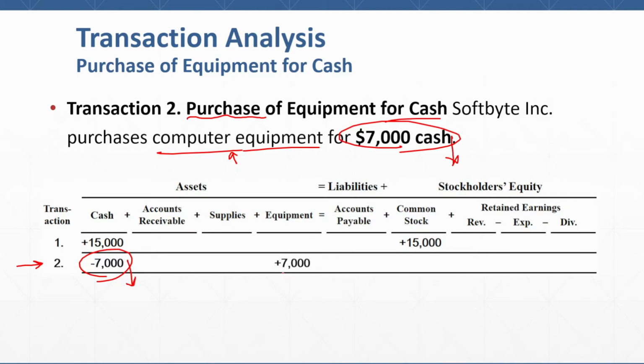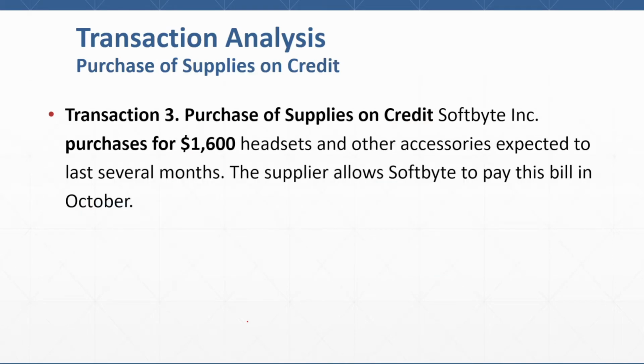In exchange, we received a new computer with a value of $7,000. As you can see, this transaction didn't affect the right side of our equation. Now you should be able to notice a pattern. Let's go ahead and do the third one, and we will talk about the pattern.